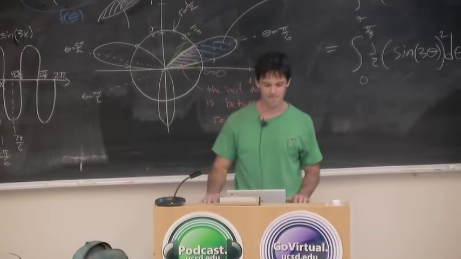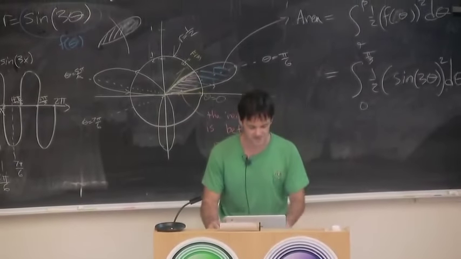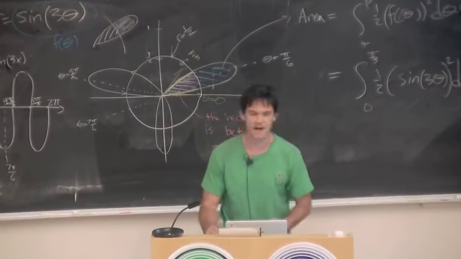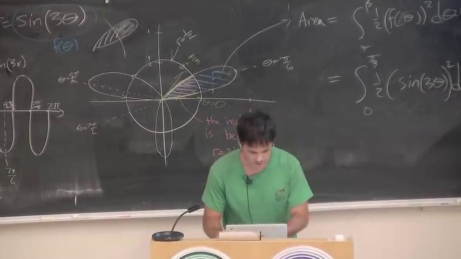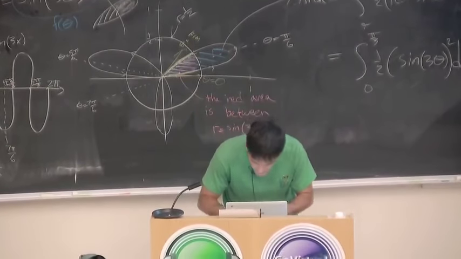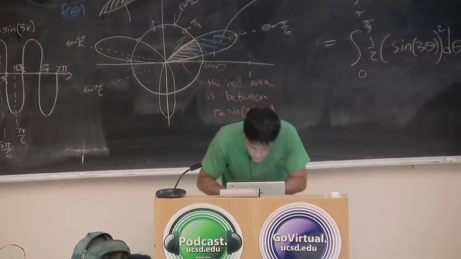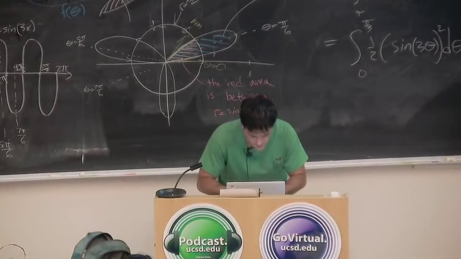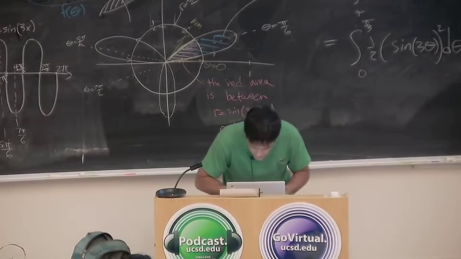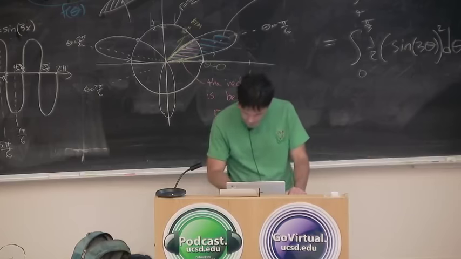All right, let's try plugging in some graphs and see what they look like, like we already did. R equals. Okay, so for example, let's look at my sine 3 theta graph. Just make sure that looks like what it's supposed to look like. Okay.